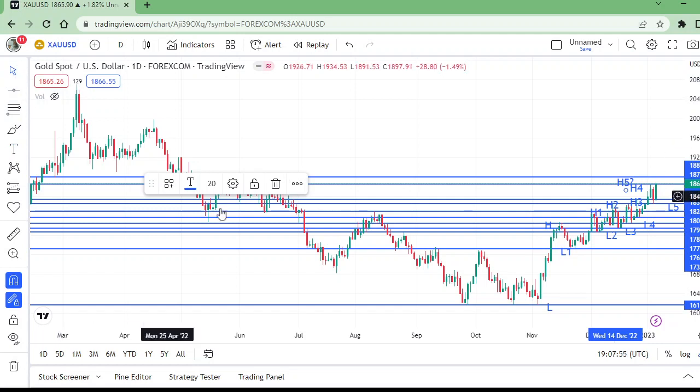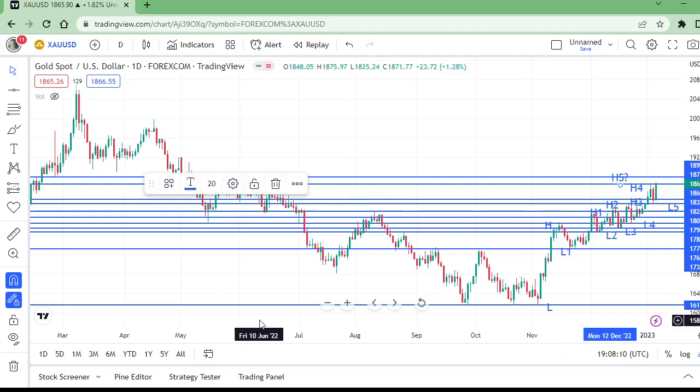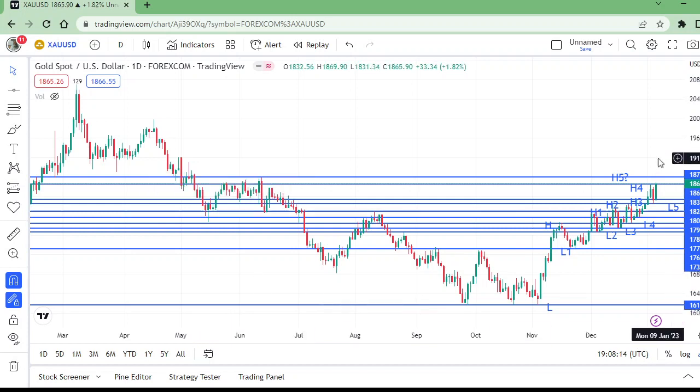What do you think? If the level is broken, then it must be above. But in the condition this level holds and is not broken, then it will come down.